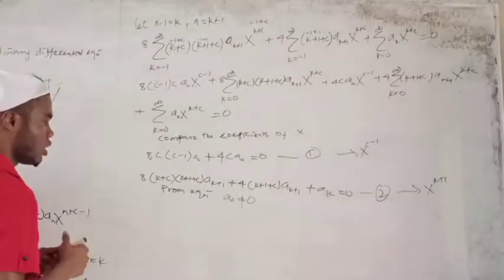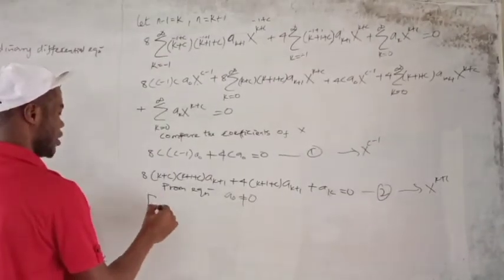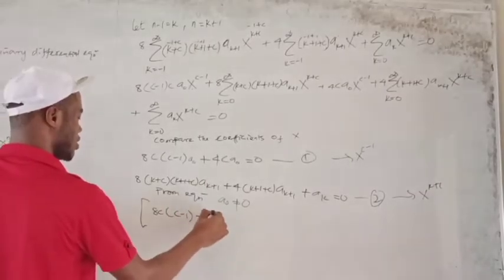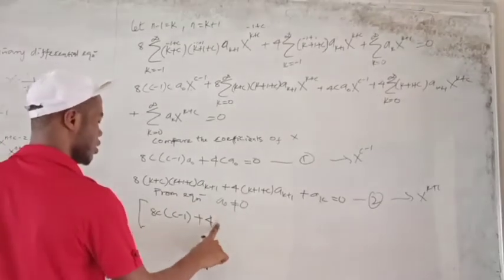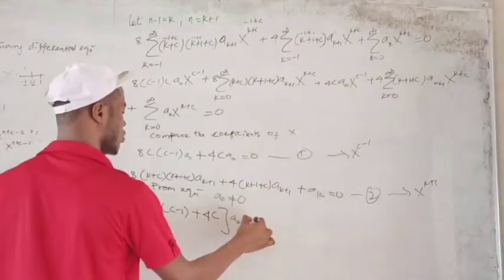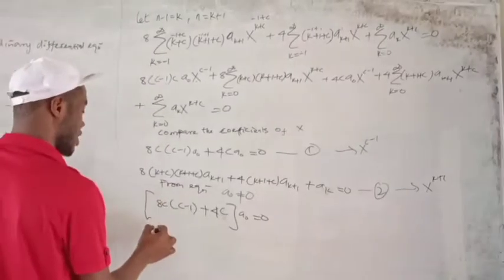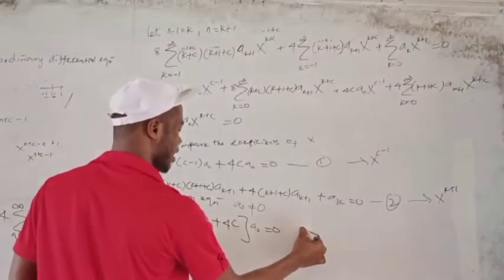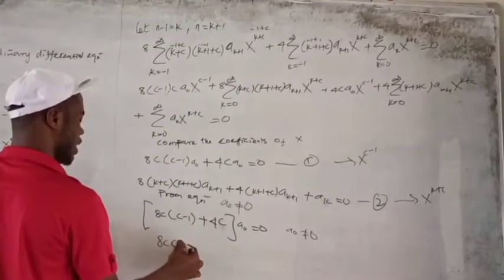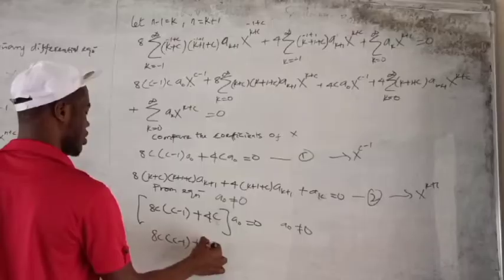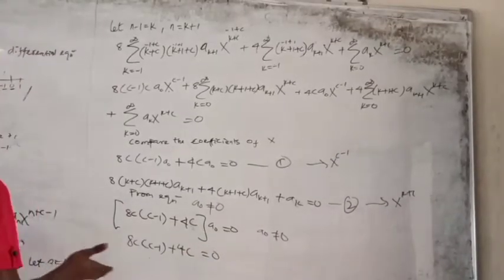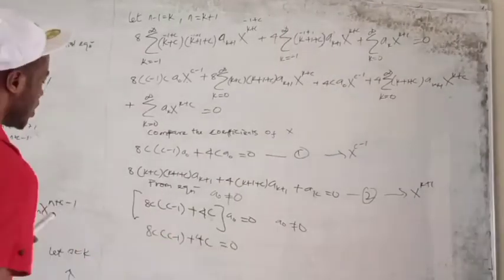If I factor out a naught, I have [8c(c - 1) + 4c] all multiplied by a naught equals 0. Recall that a naught is not equal to 0, so I have 8c(c - 1) + 4c = 0. So this is what you have.